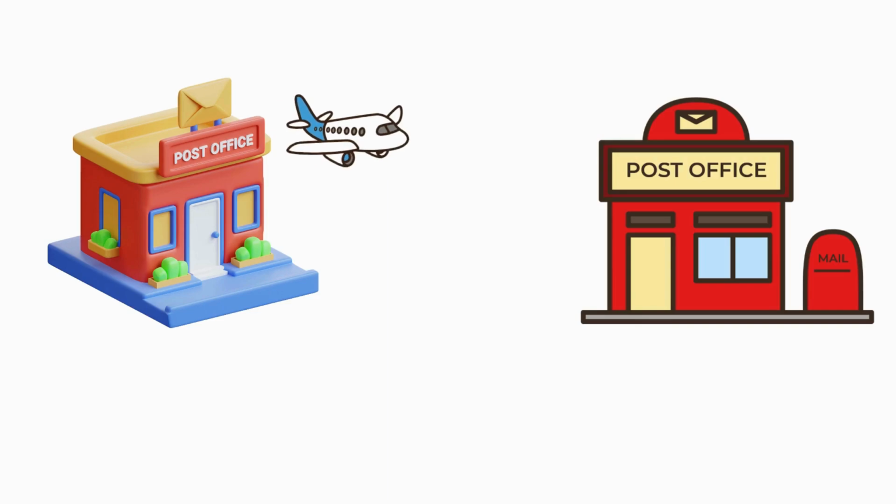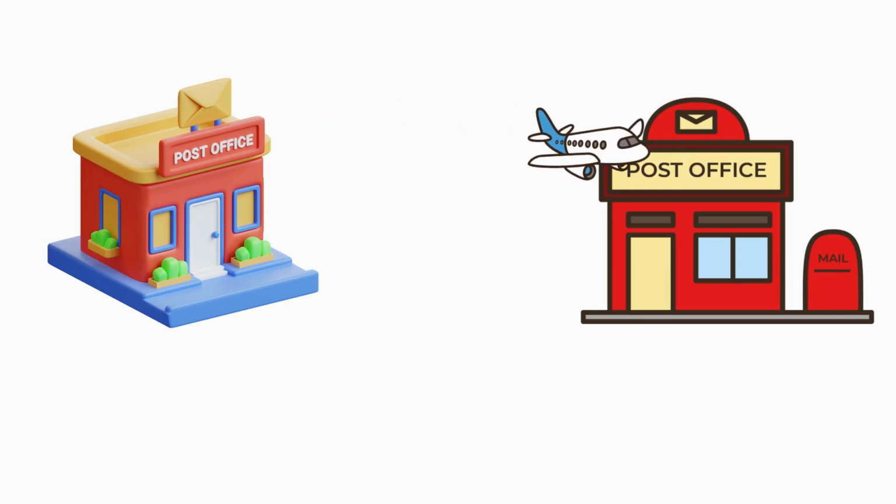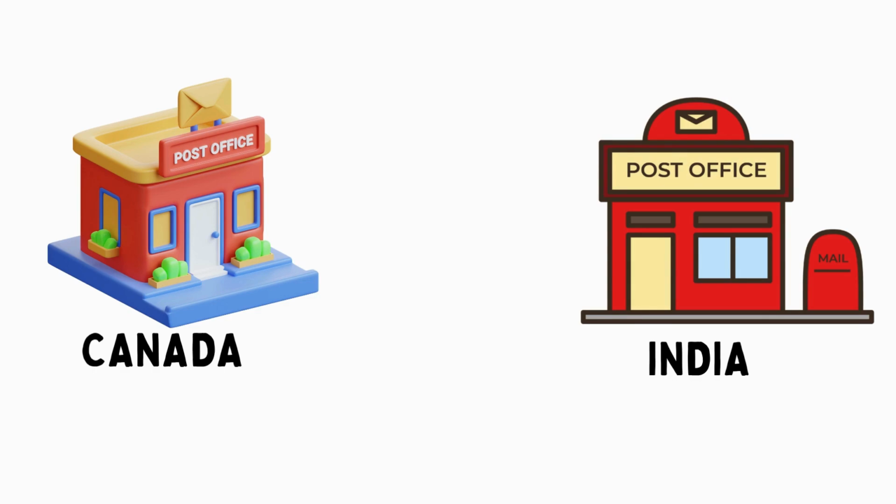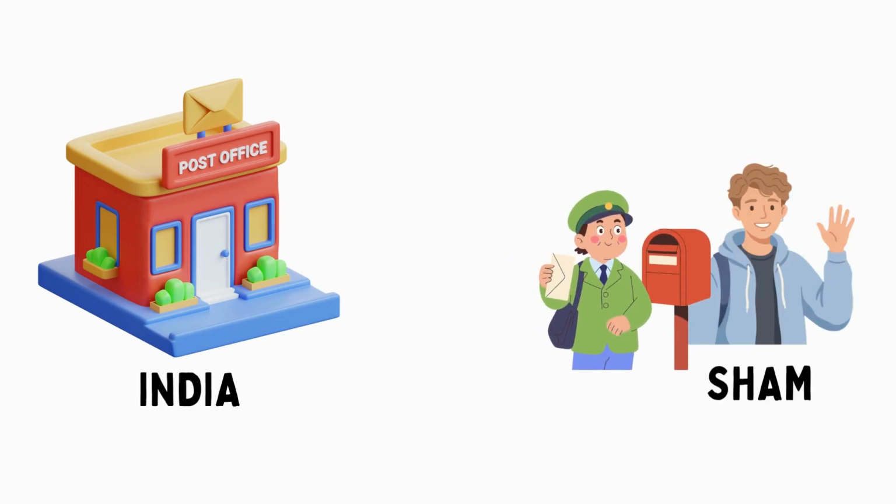Once it is ready, he drops it into the mailbox. The postal system picks up the letter, processes it, and sends it to Sam's city. Finally, the letter reaches Sam's local post office, where it is placed in his mailbox. Sam can open it whenever he wants.